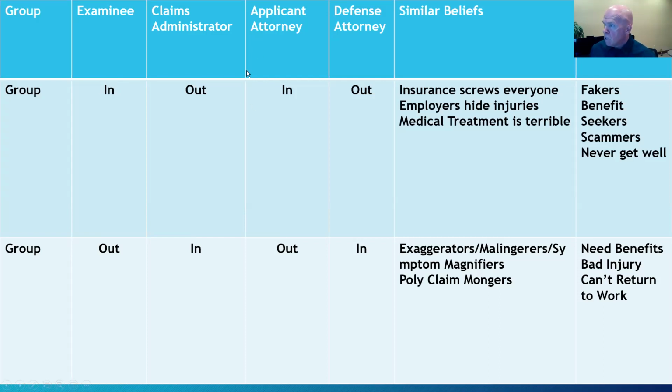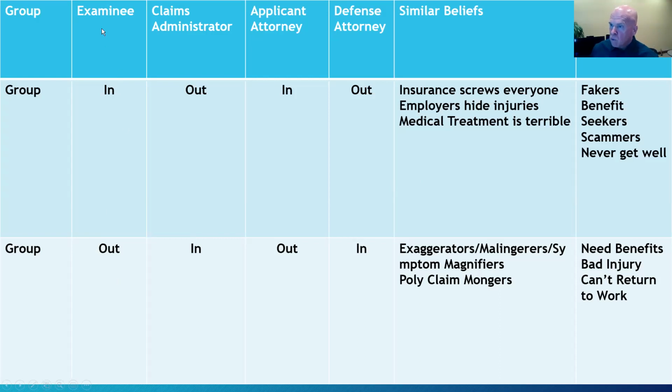On the other hand, the beliefs of the out-group here, the claims administrator and the defense attorney, are that all these people are fakers. They're all fakers. They're just seeking benefits. They're benefit seekers, they're scammers. And guess what? Even if we give them treatment, they're never, ever going to get well, or at least they're never, ever going to admit that they're getting well from the treatment that we're providing.